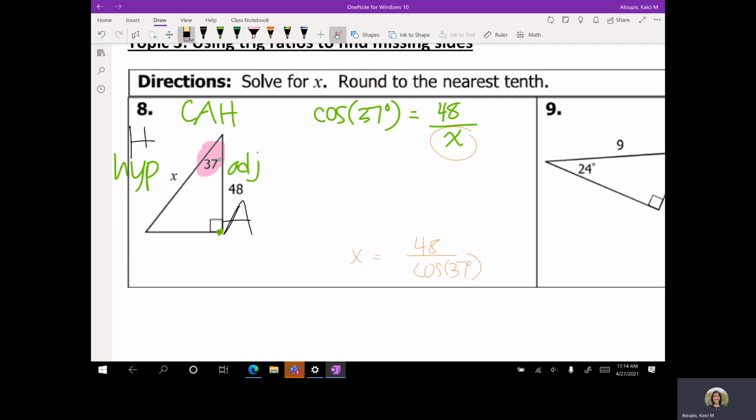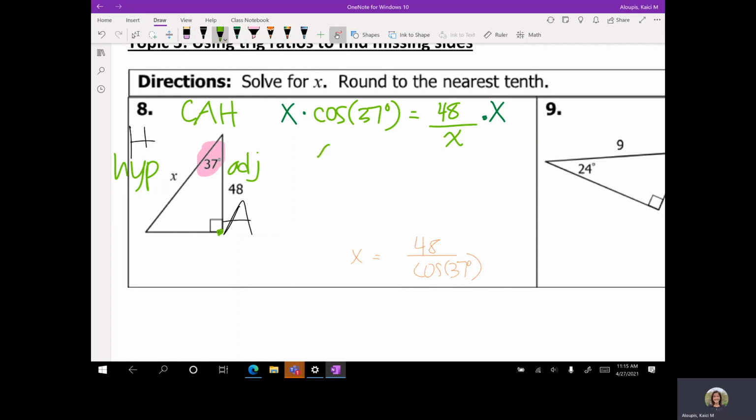I'm going to show us why we have it that way. Why is it 48 over cosine 37? To get x out of the denominator right now, we have 48 divided by x. We want to isolate x, right? We want x alone on one side of our equal sign. To get that, we need to undo the division that's happening between 48 and x. To undo division, we use multiplication. So we're going to multiply both sides by x, which is what's in the denominator.